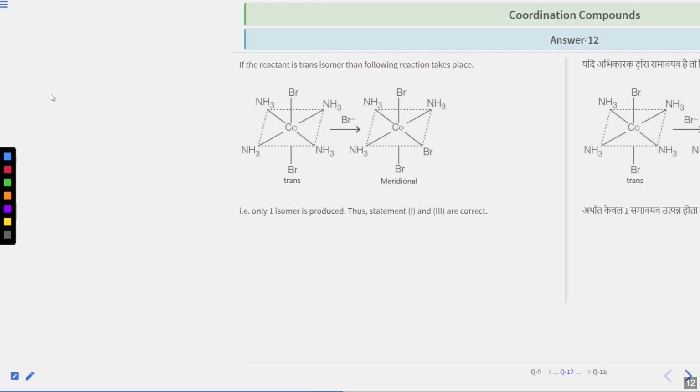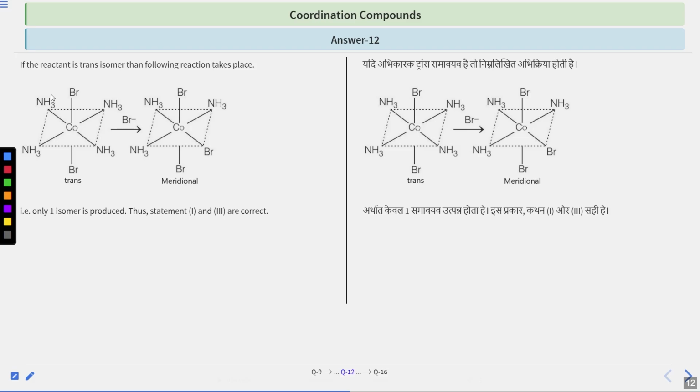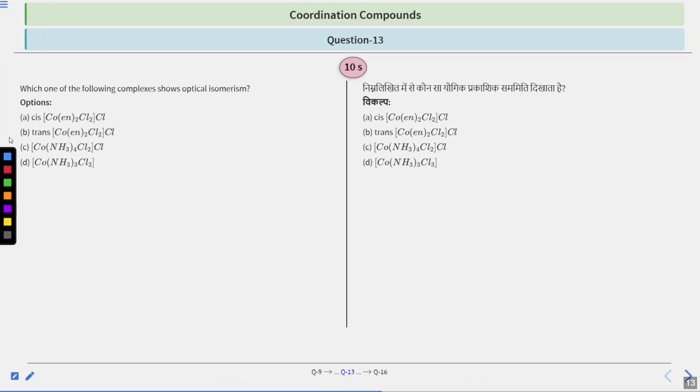Okay. Now let's move to the next question. Question number 13. Which one of the following complexes shows optical isomerism? So we have to tell which one of the complexes given in the options shows optical isomerism.